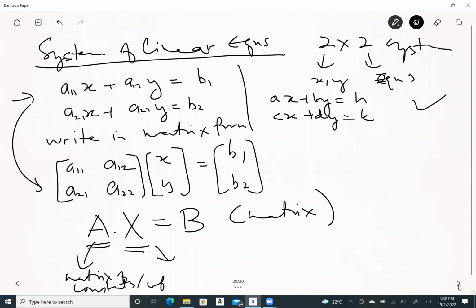And this is matrix of the variables. Okay, and here matrix of the constants. Constant matrix. So I have AX equal B. Now what we do, you multiply both sides by A inverse on the left. So we do that, we will get the following.